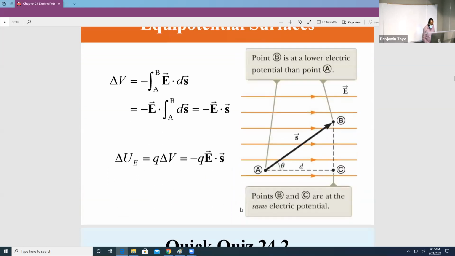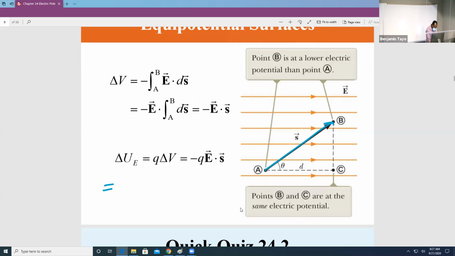All right, so what if the electric field was acting such that the displacement is not at 90 degrees with respect to the electric field?